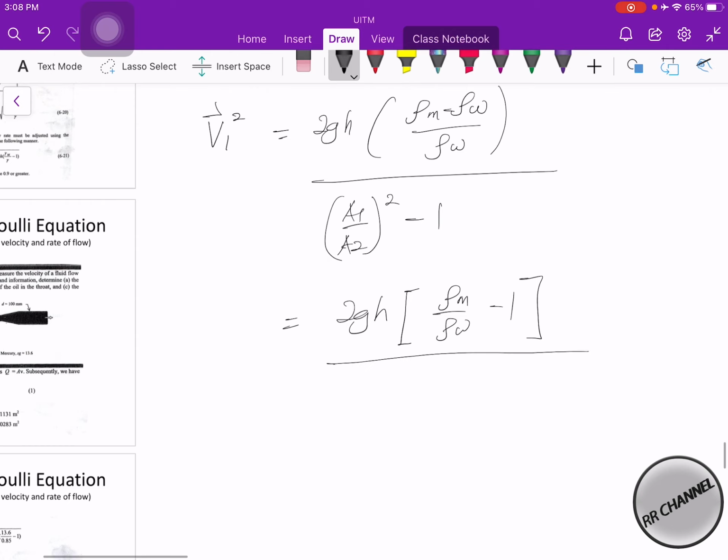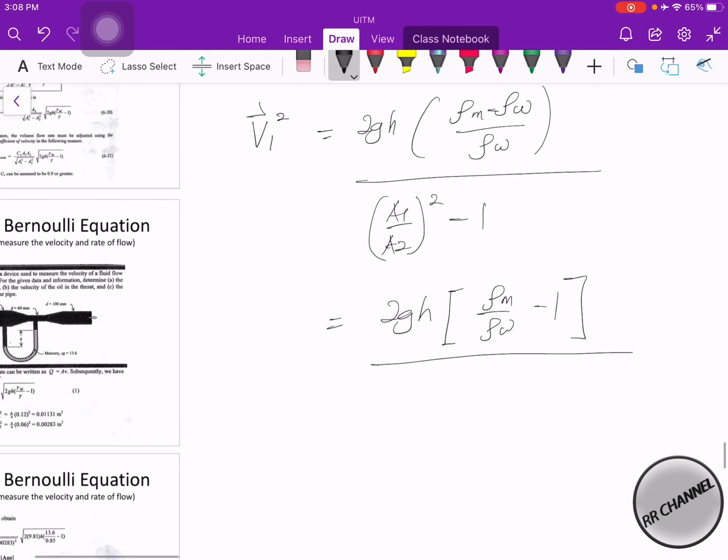On the denominator we can change into A1 square minus A2 square over A2 square.